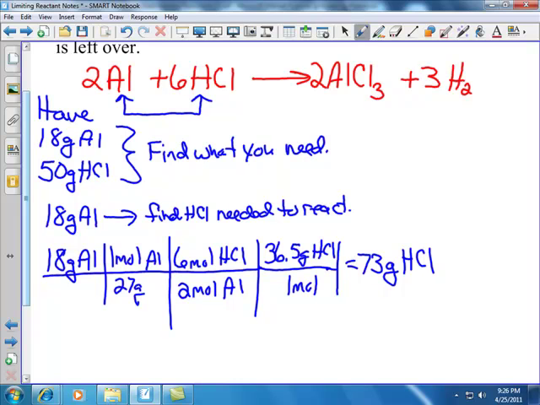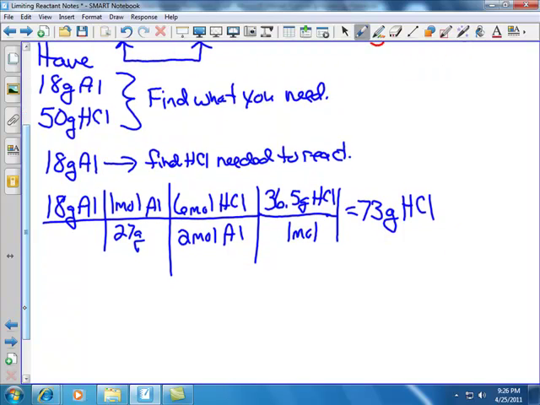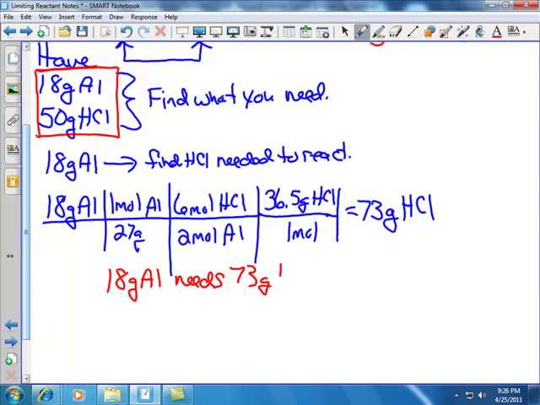So you got to stop now, and this is where you need to think. This is right here in this box. This is my half box. What this reaction means is 18 grams of aluminum needs 73 grams of HCl.